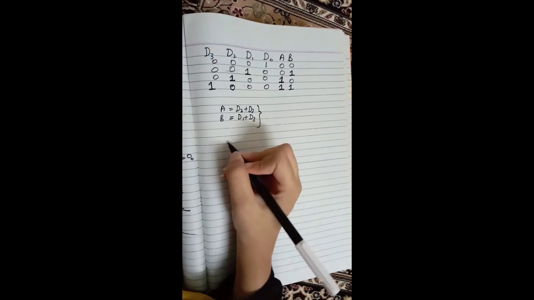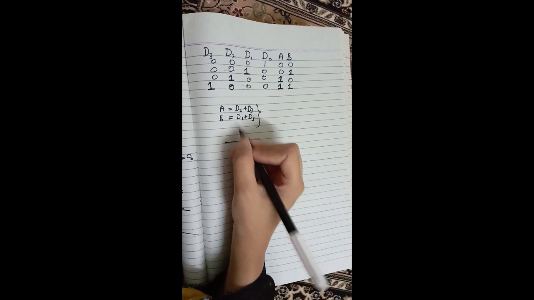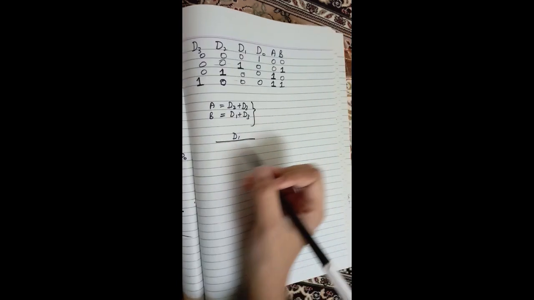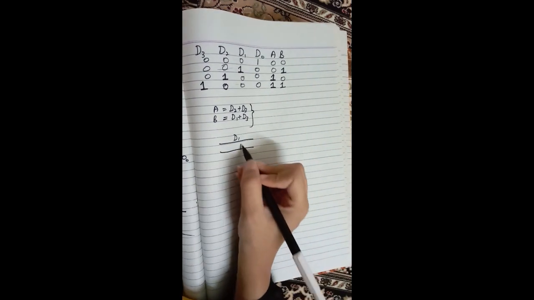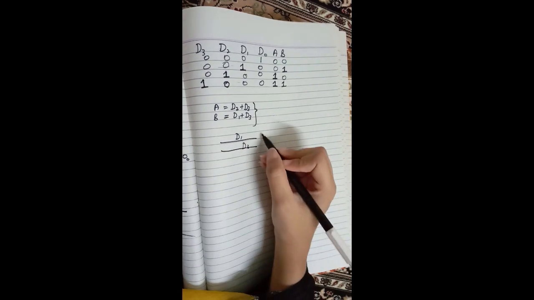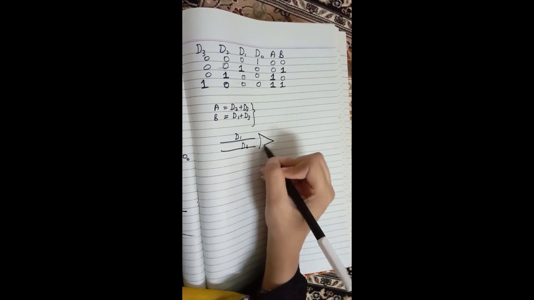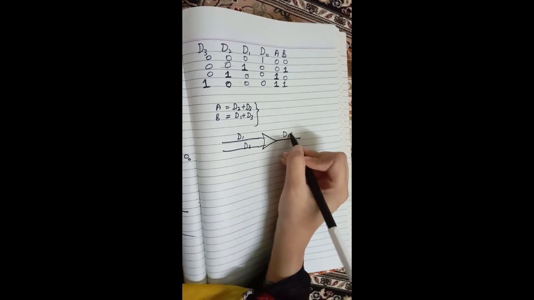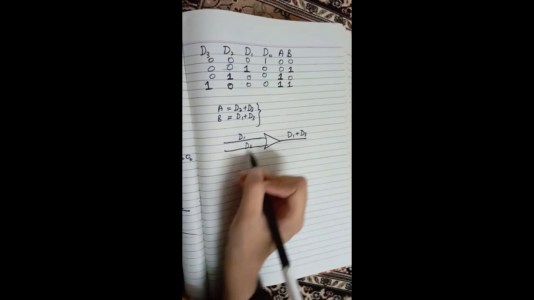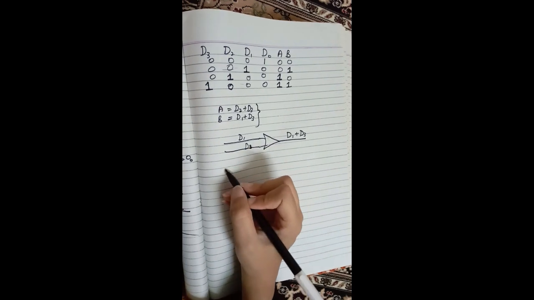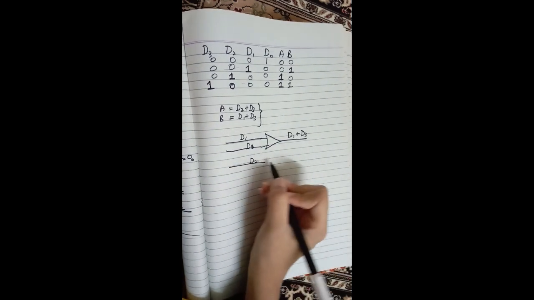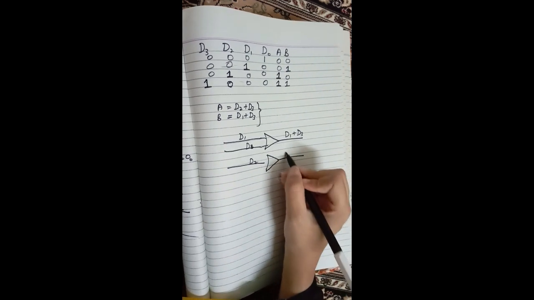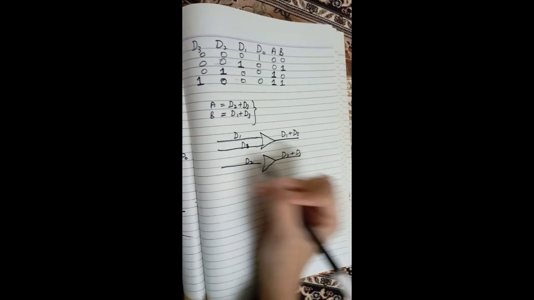Now we have the inputs D1, D2, D3. The only inputs which are getting involved in our expression, D1 and D3, are connected by the OR gate. This is D1 plus D3. This is B. Now for the A we have D2 connected with the OR gate, D2 plus D3.